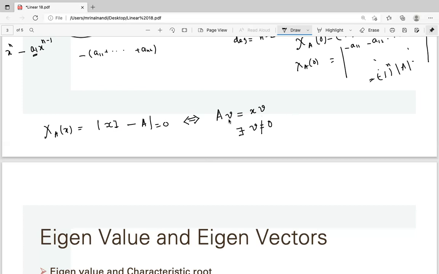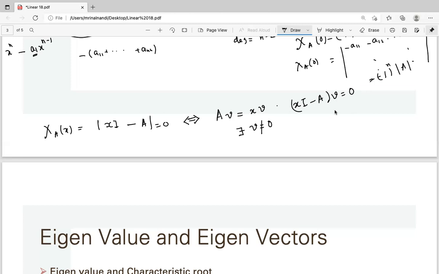Why? Because AV minus xV equal to 0 is equivalently, written the other way, (xI minus A)V equal to the null vector. Now this system of equations has a non-zero or non-trivial solution if and only if that determinant is 0.